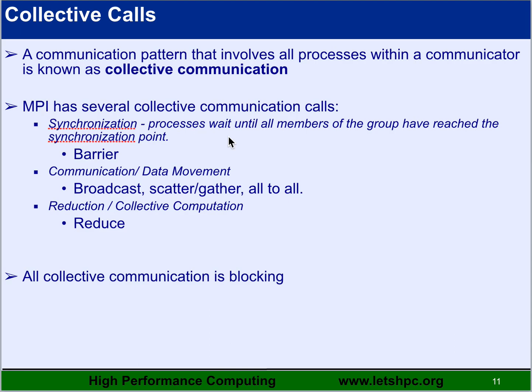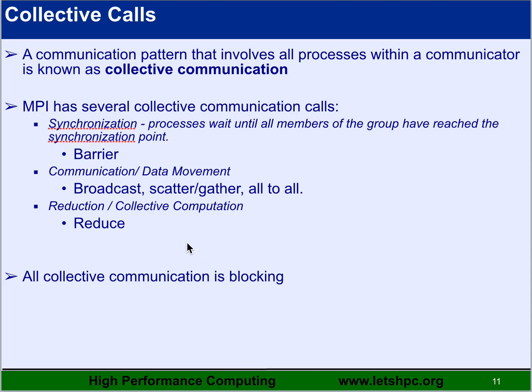In the previous case, we were just interested in data movement from one process to another, so we call it point to point communication. But here we are talking about data movement from one to many or many to one, and these kinds of movements are achieved through special collective calls.